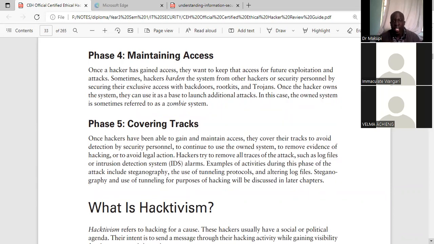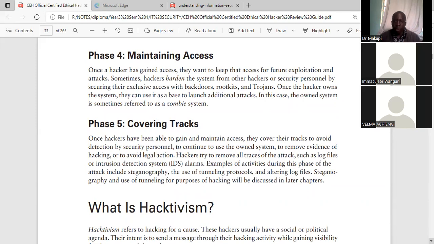So once hackers have gained access, they want to keep the access for future exploitation and attacks, you see? You remember this, before you gain the access, it has taken a lot of resources and time. There's a lot of investment into resources and time.